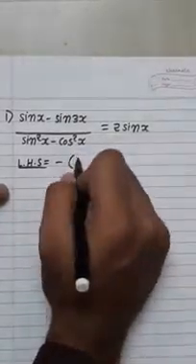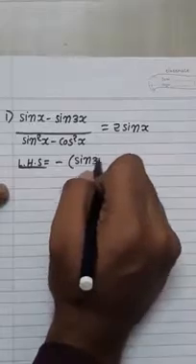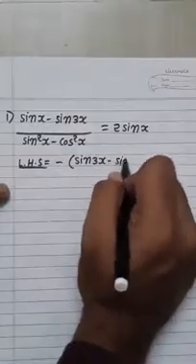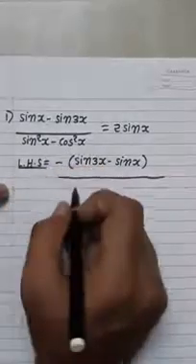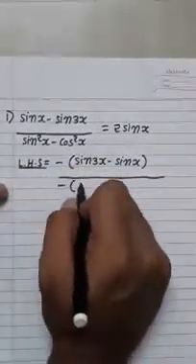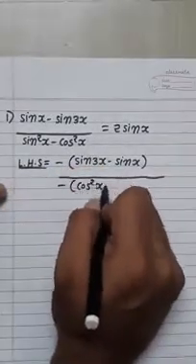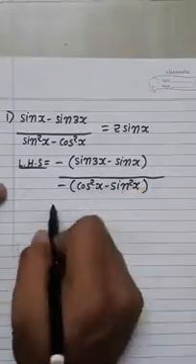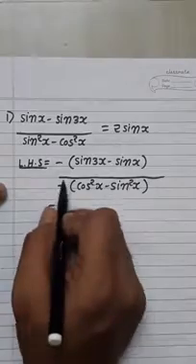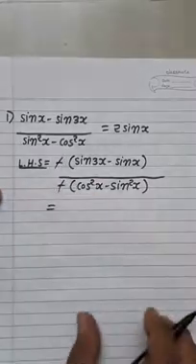So in bracket sin 3x minus sin x upon, in the denominator term also the minus sign we can take common. So cos square x minus sin square x. Now the minus sign cancels out in the numerator and denominator.